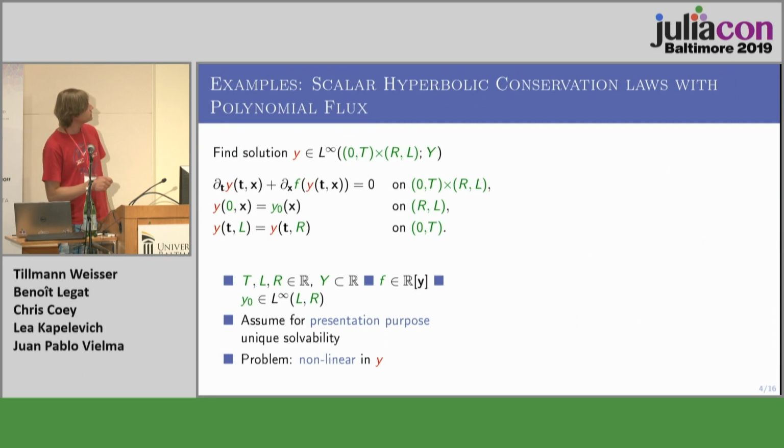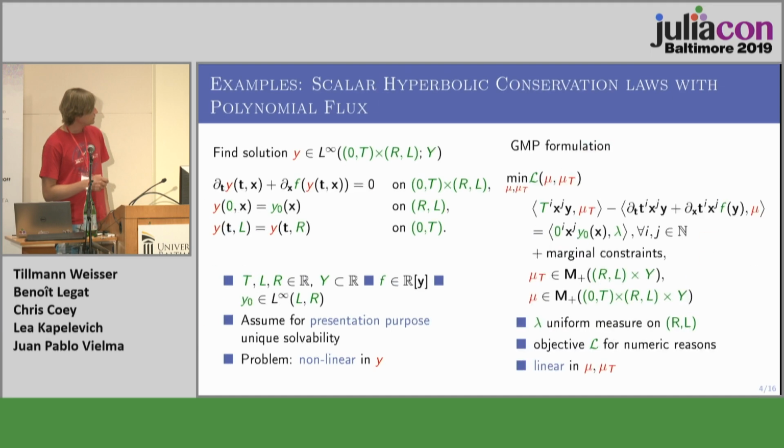The problem here is always that this function depends non-linearly on y. On the right side, you see a generalized moment problem formulation of the same problem. I don't want to dig too deep into it, but basically we define a measure on the time and space and the range of my function y.